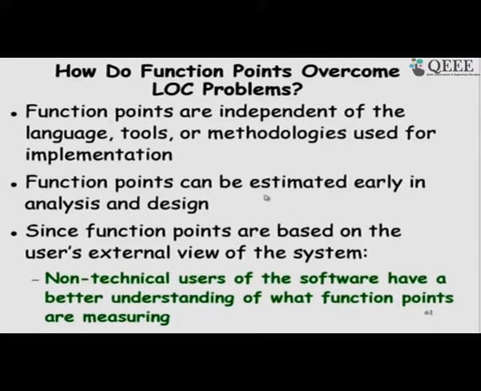Therefore, something that can be measured quantitatively from the requirement specification document, where different developers measuring one project will more or less agree and get the same value, was what was required.